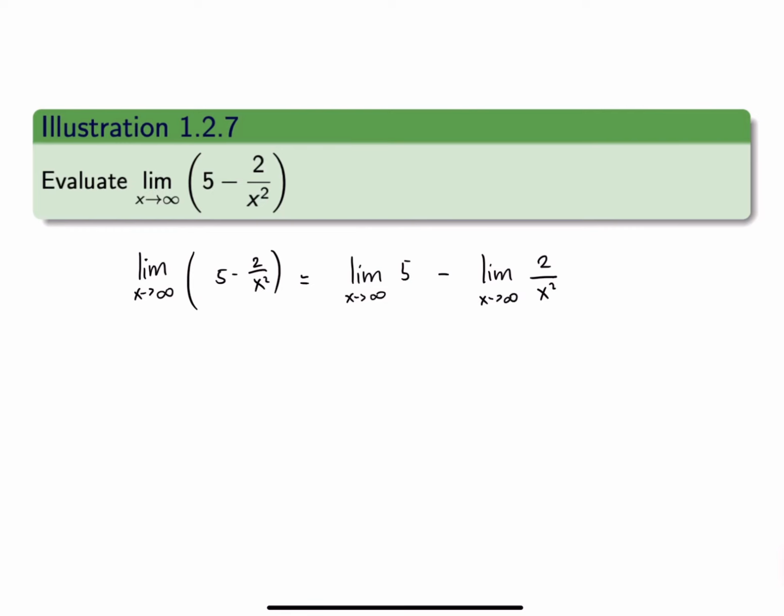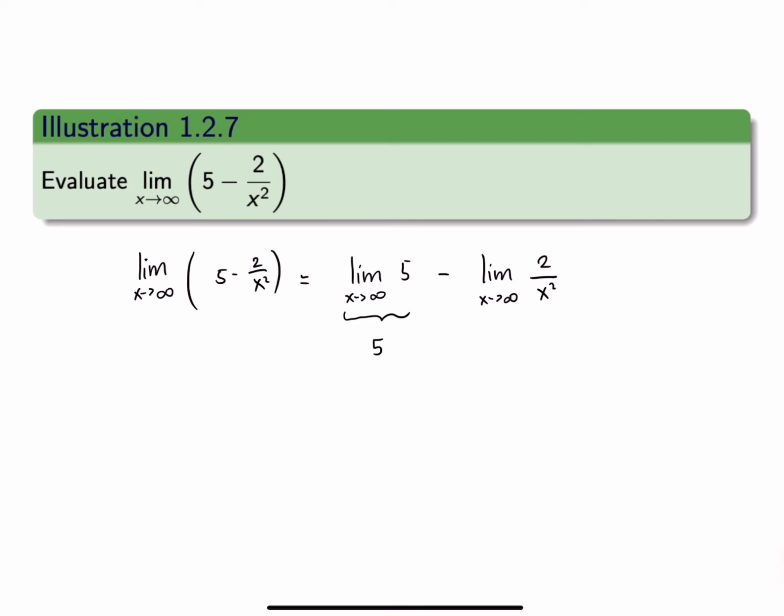For our first limit, since 5 is a constant value, this is just 5. And for the second limit, the limit of 2 over x squared as x approaches infinity, note that, again, the numerator remains constant at 2, while the denominator holds x squared.